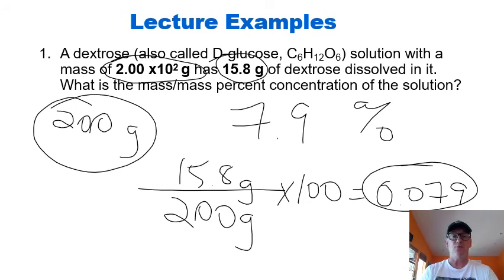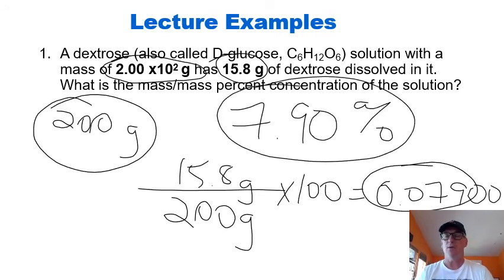In both 15.8 and 200.0, we have 3 significant digits. So since this is 0.079 with infinite zeros after it, we would say that our percentage is 7.90%. Okay?